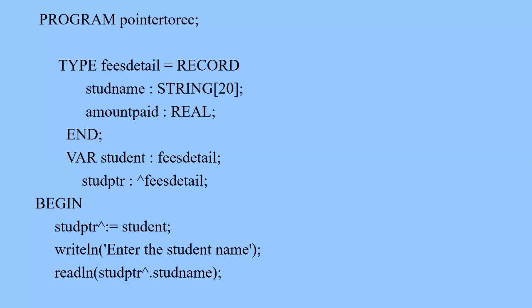I repeat, this statement simply means that whatever has been entered, store it in the memory location called student name in the record being pointed to by the pointer called student pointer.